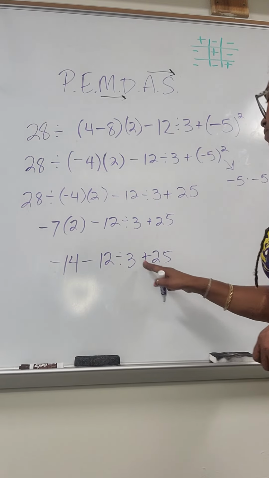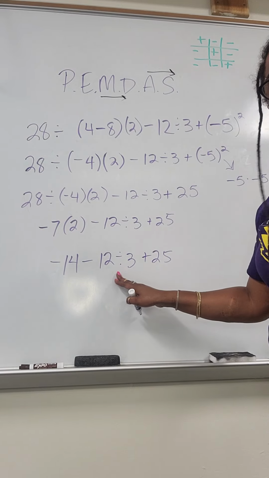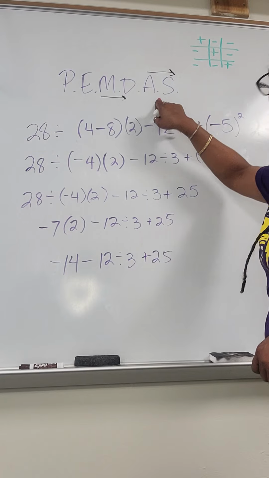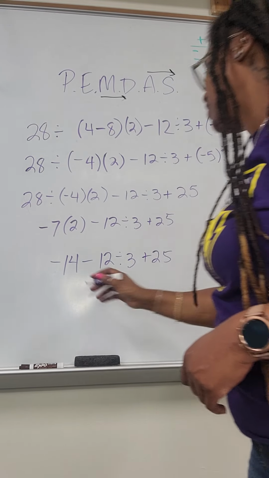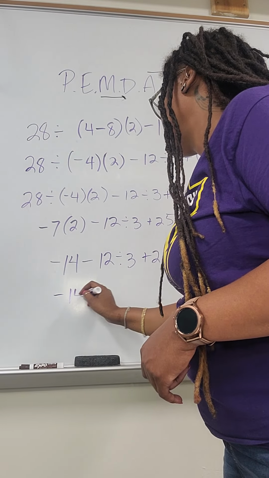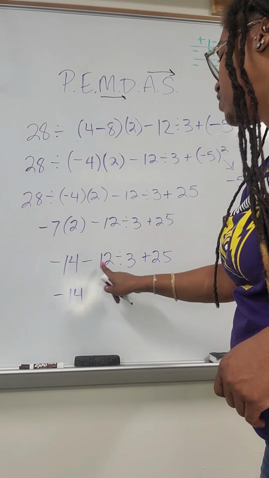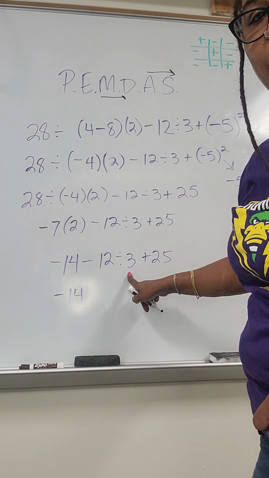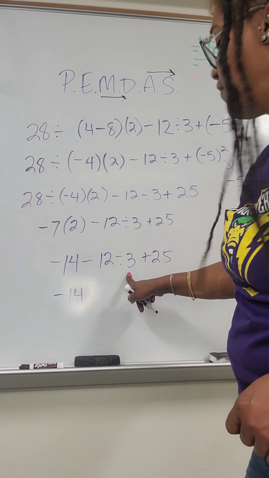Minus division plus. Got to do this one next, right? Multiplication and division first, then addition and subtraction. Let me bring down my -14. And I know I have -12 divided by 3. Since there's no sign in front of my 3, I know my 3 is positive.